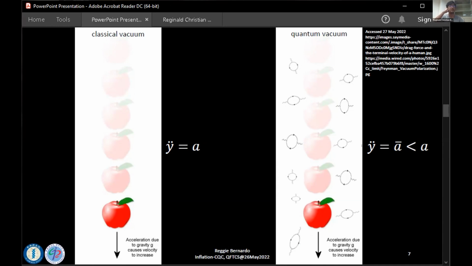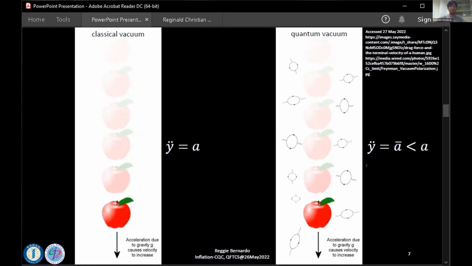Which is an effect that we can perhaps expect, since these quantum particles being drawn out by this linear potential would influence the background as well. We will find an analogy of that later in the context of an expanding space-time.